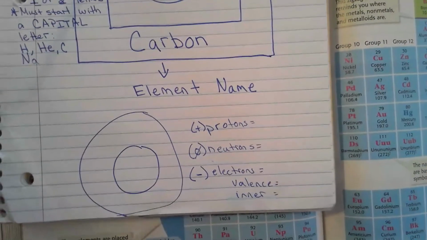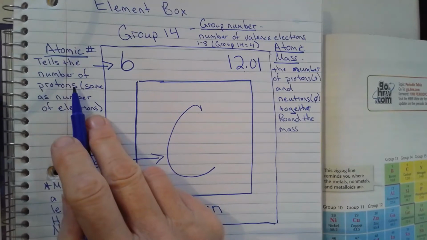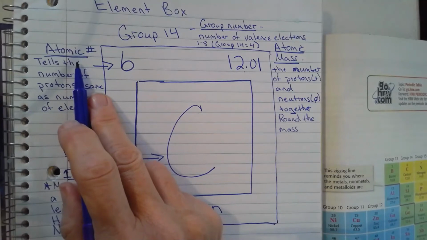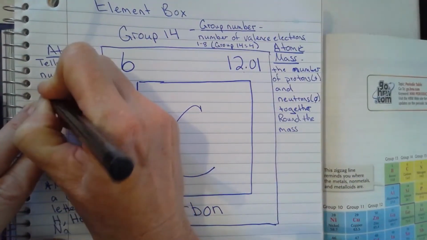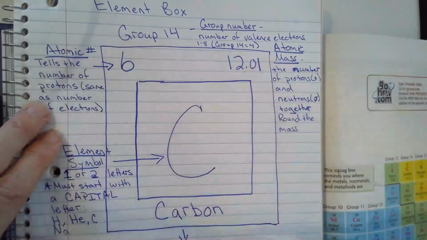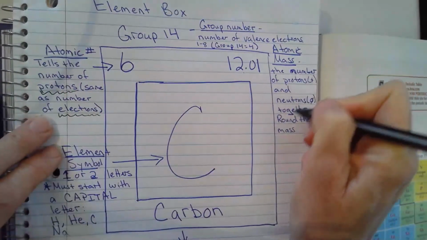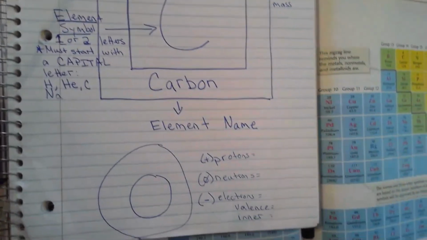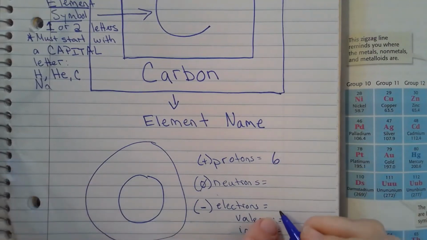Okay, so if I look up here at my carbon element box, the atomic number tells the number of protons, and that's the same as the number of electrons. So this number here is going to give me 2 things: the protons and electrons. And then this one is neutrons. So my protons and electrons are my atomic number. So down here, my protons are 6, and my electrons are 6.